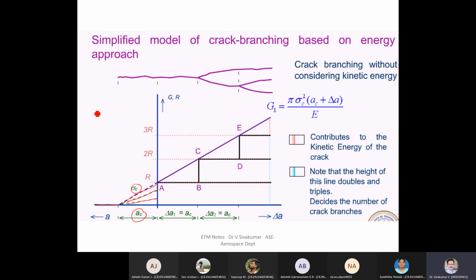That means for the same crack length, I have different loads P1, P2, P3. If I apply P1, it never touches R, so no crack occurs. P2, no crack occurs. Only P3, because it is more, will touch the R.